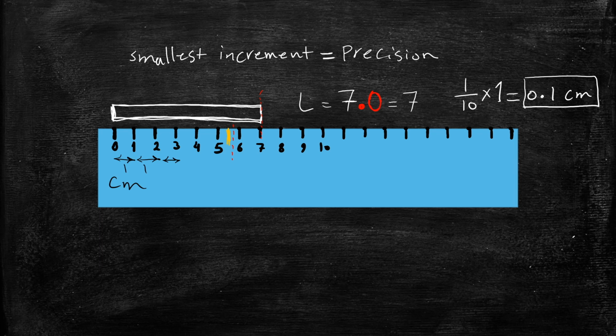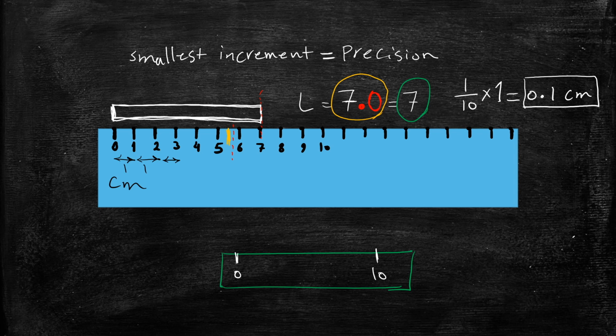When I look at this number, 7.0. If I look at this measurement, just 7, that means that the measurement tool used to record that number 7 is a ruler, for example, this green ruler down here, and the tick marks on that are just from 0 to 10.